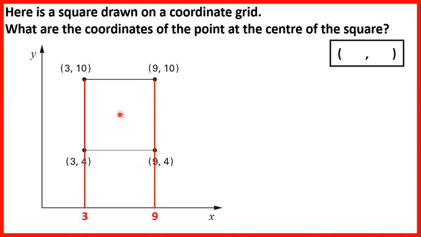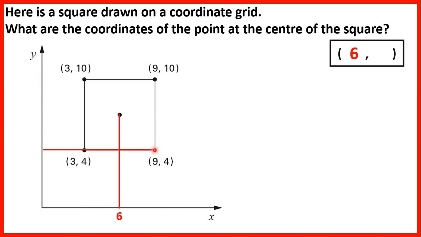Now this point is in the centre of the square, so that will have an x-coordinate that is halfway between 3 and 9. So the x-coordinate here will be 6, because that's the same distance from 3 and 9. So we know that the x-coordinate is 6, so now let's look at the y-coordinate.